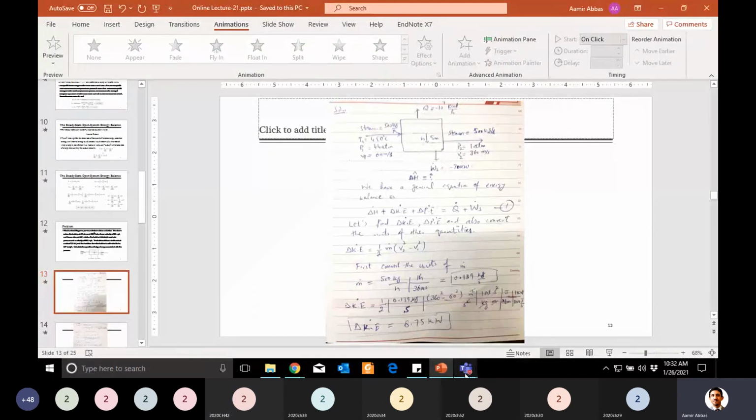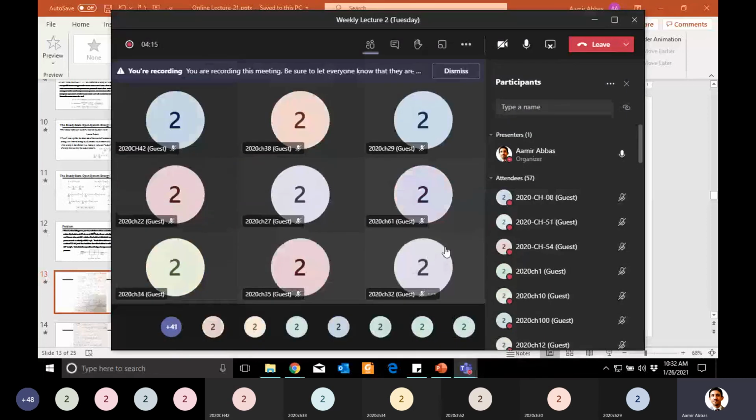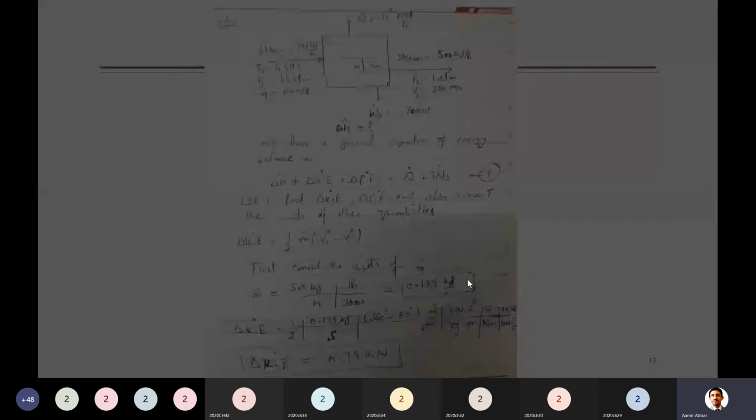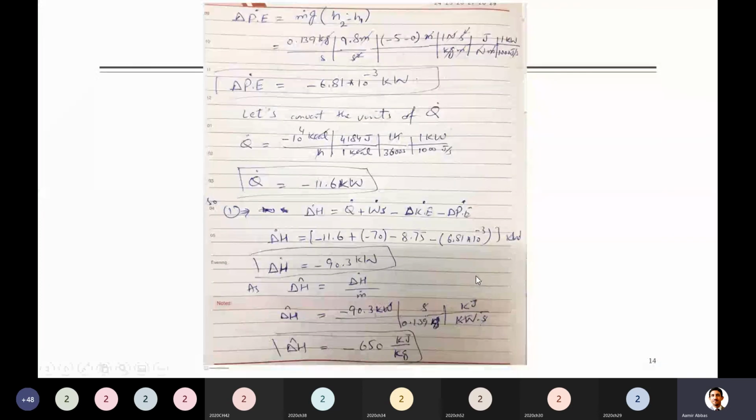Can you tell me from where you will be using these conversions? From where do you take the conversion table? Do you have the conversion table? Yes, sir. It is available in the books section on OneDrive.